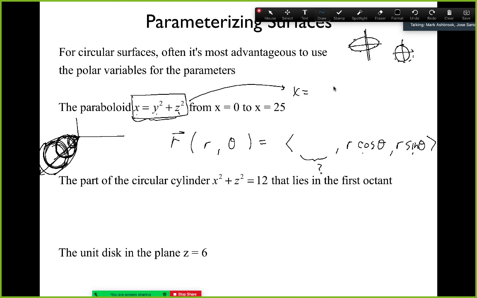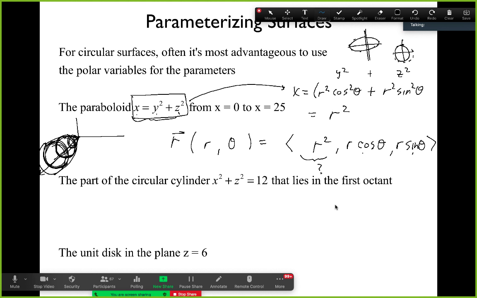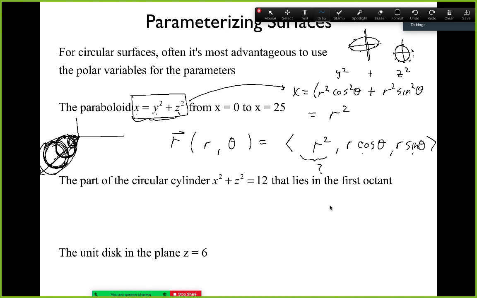X is y squared plus z squared, so x is just r squared. You factor out r squared and get r squared times 1. And if x goes from 0 to 25, r goes from 0 to 5.